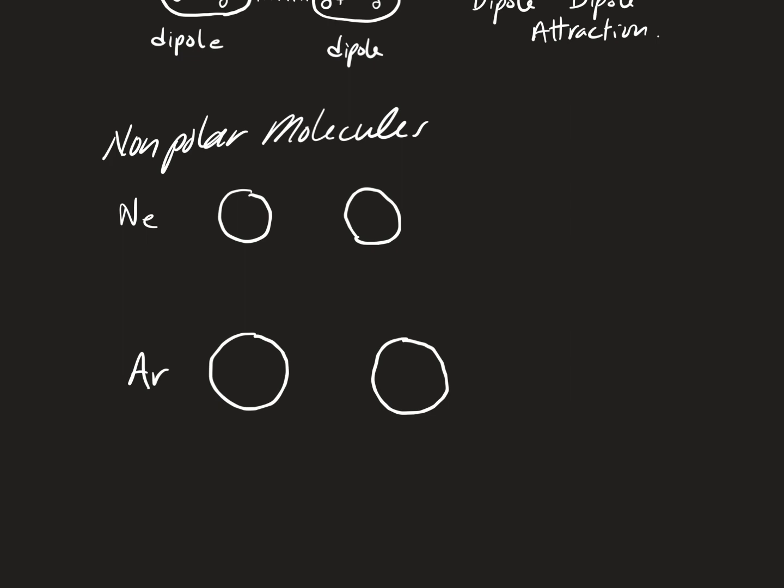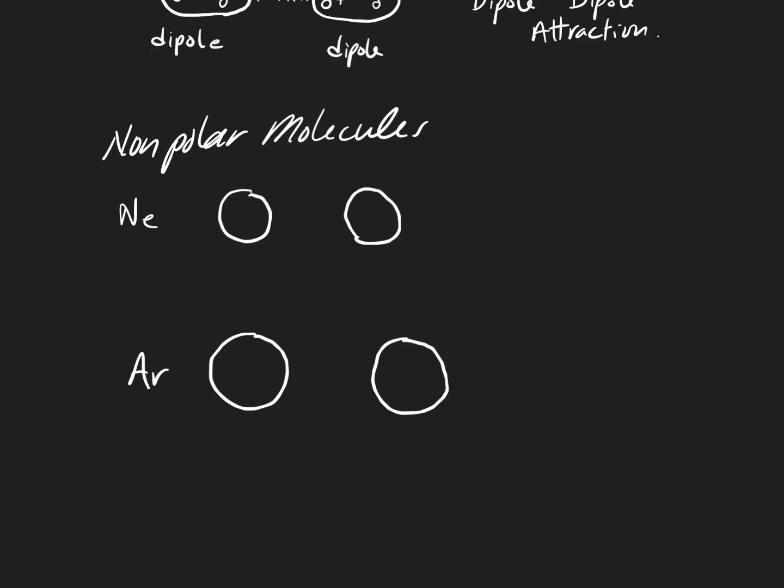All right, so I'm going back to the simulation that we saw in class, and we compared neon to argon. We found that neon has lower melting points and lower boiling points than argon. Okay, they're both nonpolar. Now, these are not molecules, they're just atoms, but I'm going to generalize this by saying molecules.